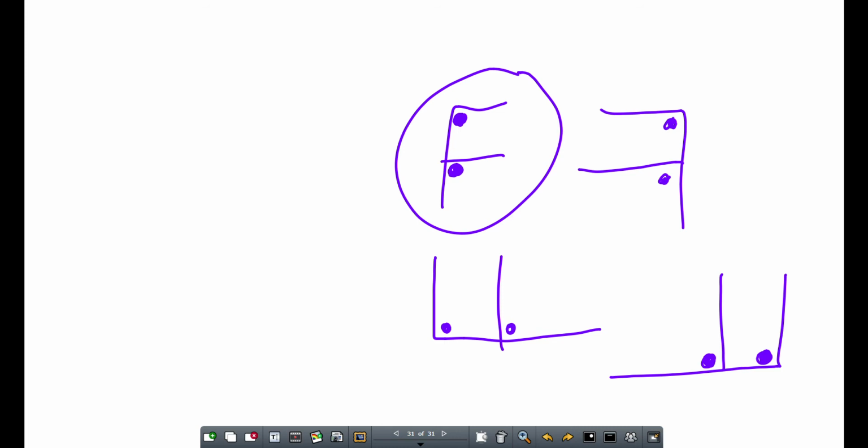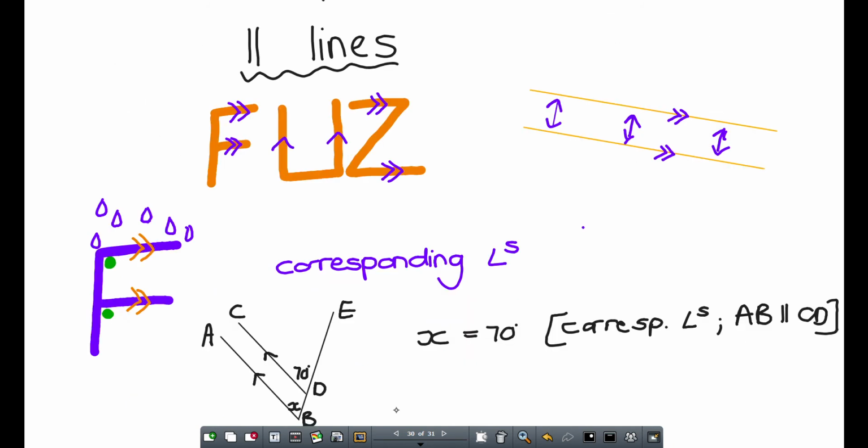Okay. Right. So, let's go back to our example. Over here we did that example of still looking for an F. You would see that, there we go, the F. So, the angles, that X and the 70 would be the same, right?